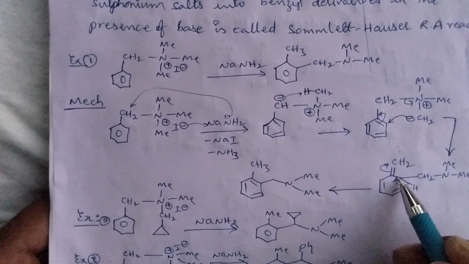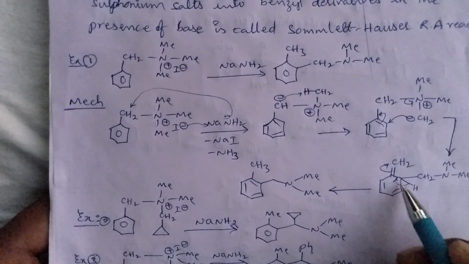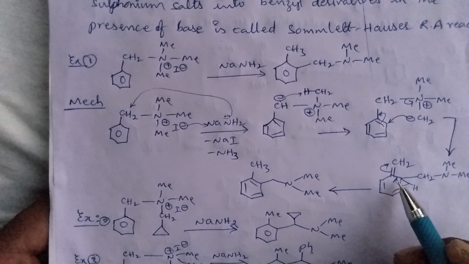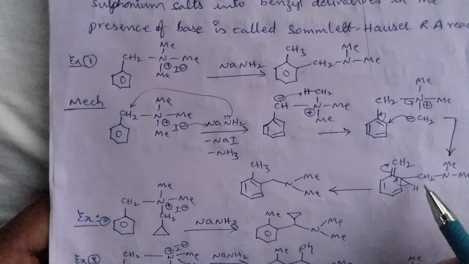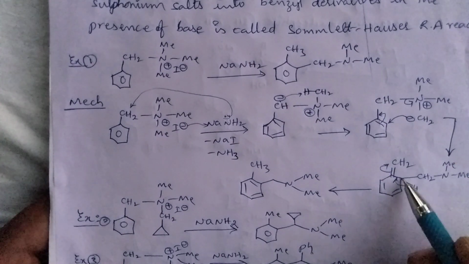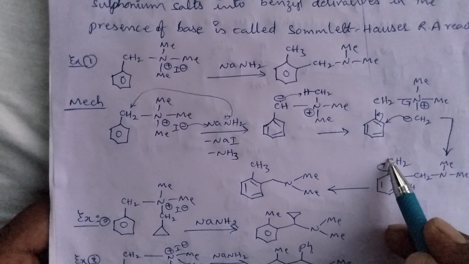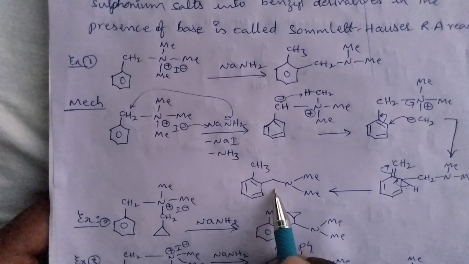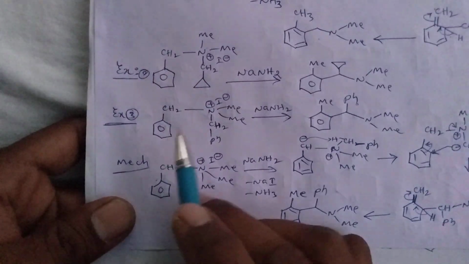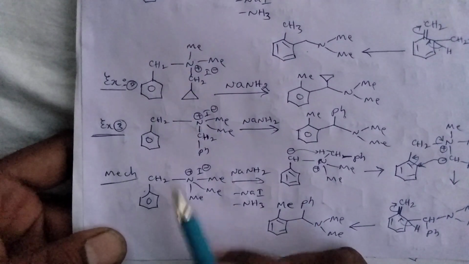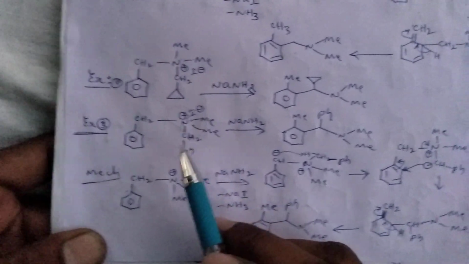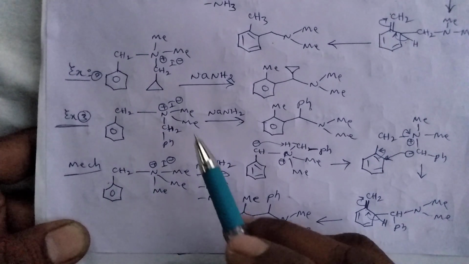Here by the rearrangement of electrons, the aromatic ring is generated, and this H plus ion migrated from this carbon to this methylene carbon center and produces benzyl derivative.